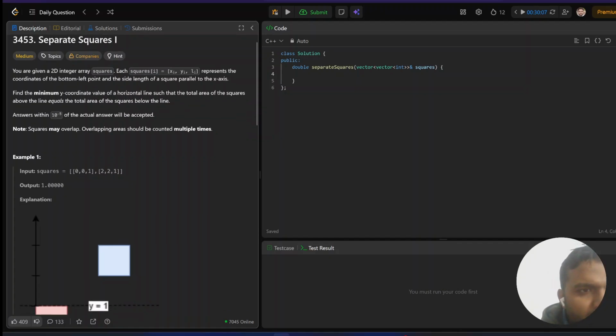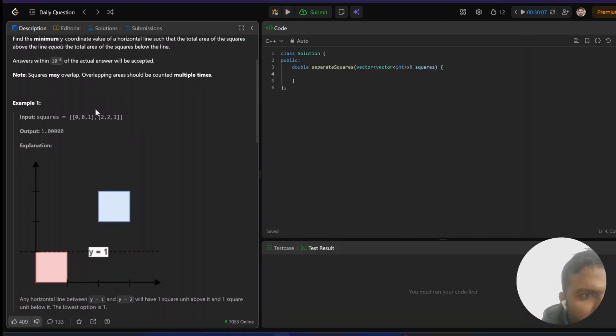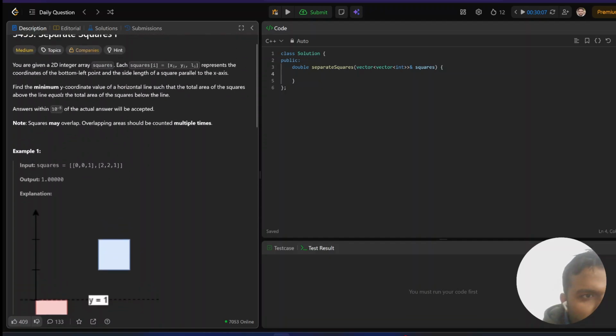Let me try again with the example. As it said, you are given a 2D integer array squares. So I have a 2D integer array. Then each square i, that means every single value of the array, has 3 points: x, y, and l. So what are these points?